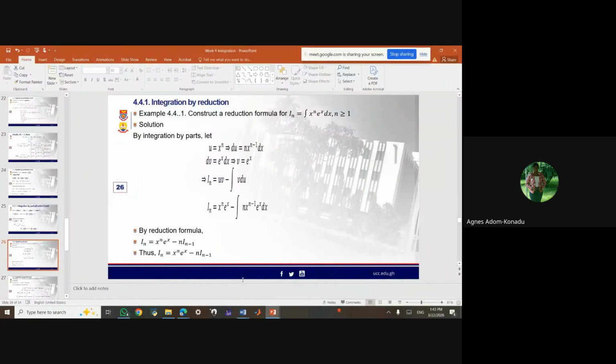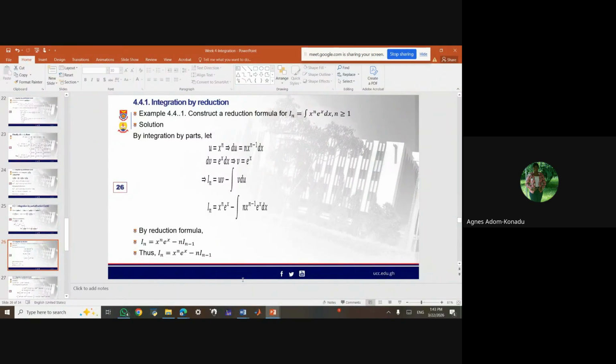You should know that when you integrate 1 over square root of 1 minus x squared, you will get sine inverse of x. So you should know all this. The integral of 1 over 1 plus x squared, you should know it is tan inverse. So please take note of these ones too. You can get examples on that. We used to have some things in the notes.